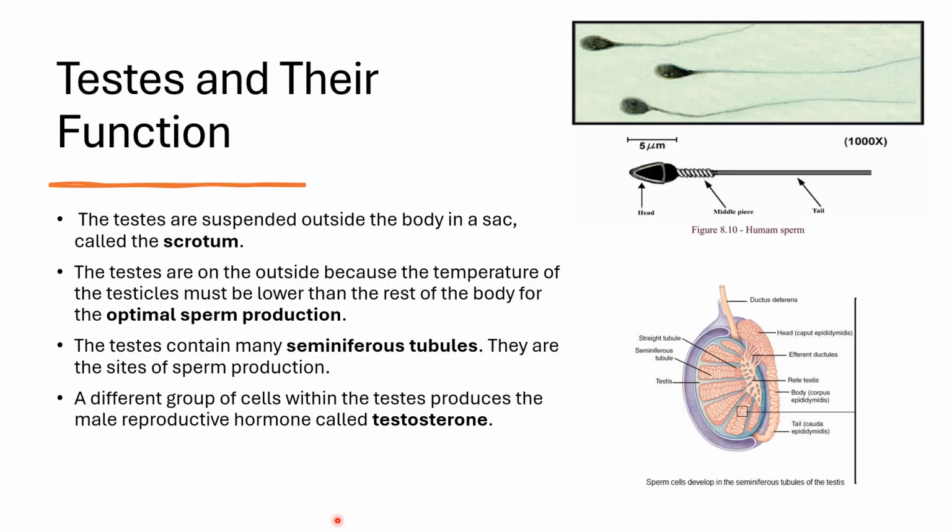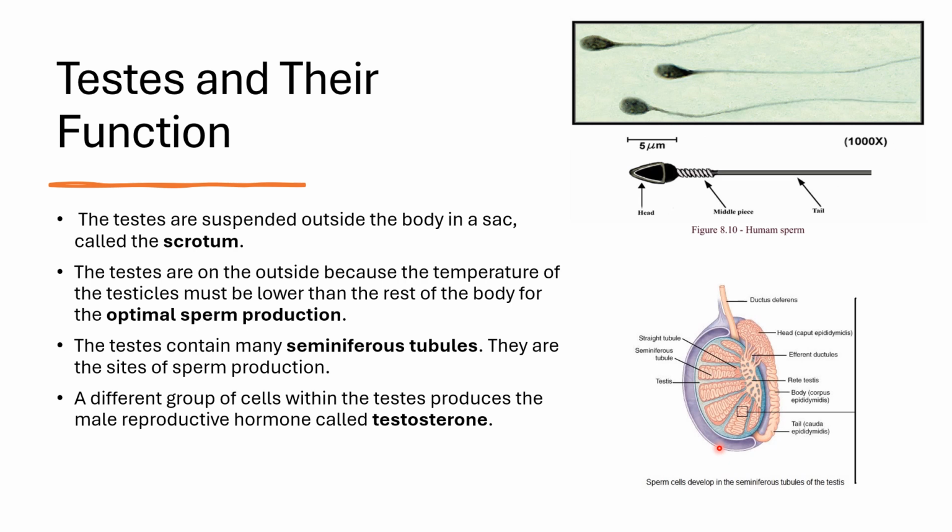So let's start off with the testes and their function. So the testes are suspended outside the body. They are located outside the body in a sac called scrotum. Here you can see the testis is located outside the body and inside a sac called scrotum.